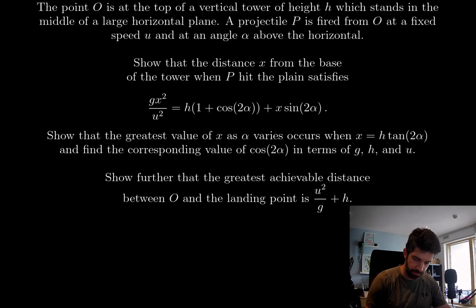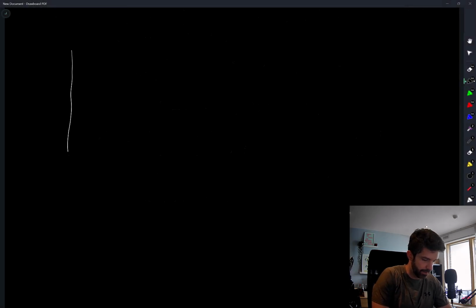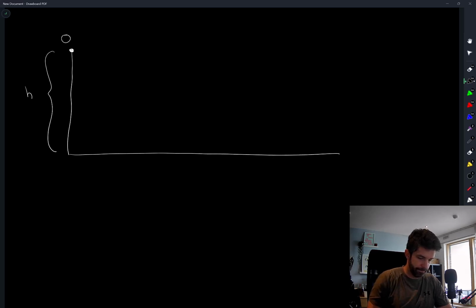Okay, so let's start by drawing a diagram here. We have a vertical tower of height h. We're in the middle of a plane. This is the point O. And we have a horizontal coordinate as well.